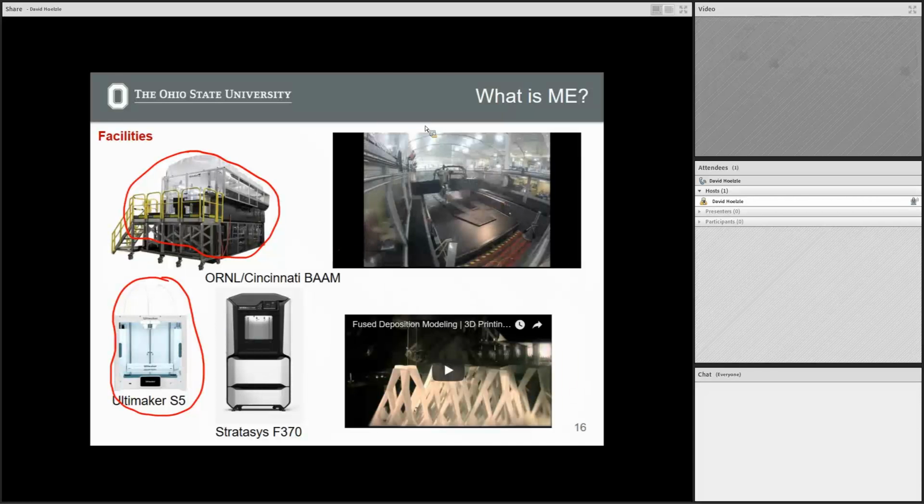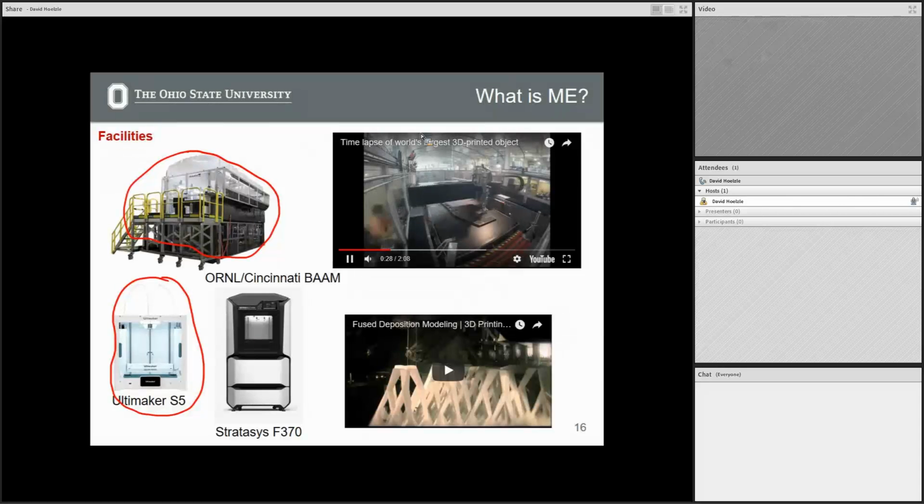Not a greenhouse, but this is designed to keep the temperature in this fairly warm. You don't get incredible amounts of thermal stresses building in this part. So you don't want to have a really large shock in terms of temperature and the melt area versus what the ambient is. But just incredibly large structures that are being made with these types of processes.